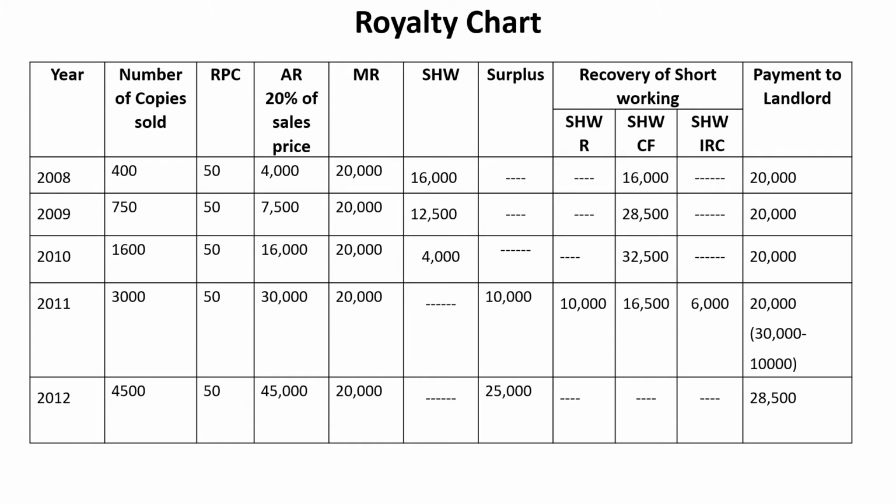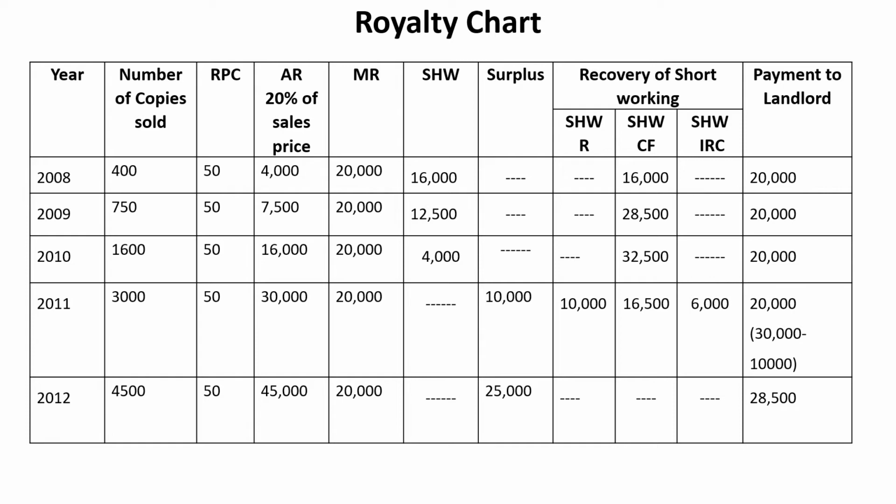If you multiply 37,500 into 20 by 100, we get actual royalty of rupees 7,500. Minimum rent is rupees 20,000. Again, actual royalty is less than minimum rent. We have short working of rupees 12,500. Surplus is nil. Short working recovered is nil.